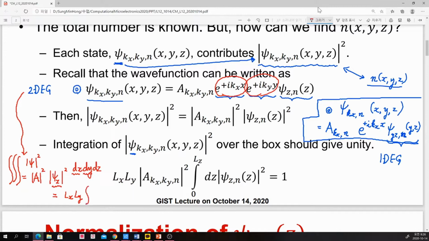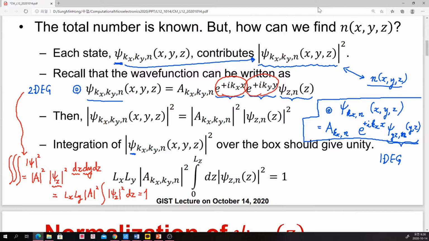The remaining thing is the absolute square of A and the integration of the z directional wave function over the z direction. That should be 1.